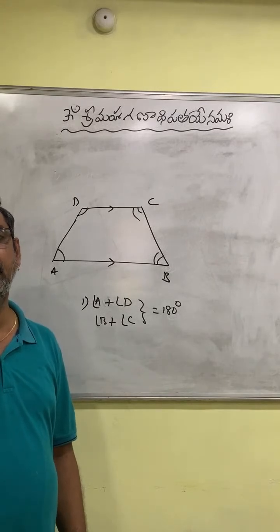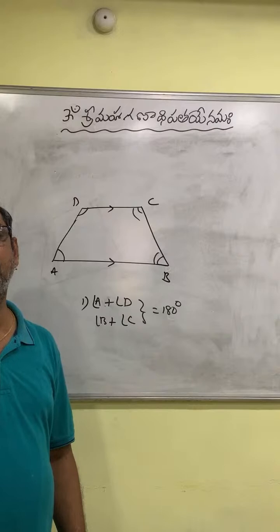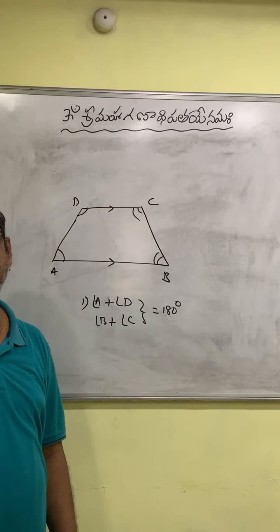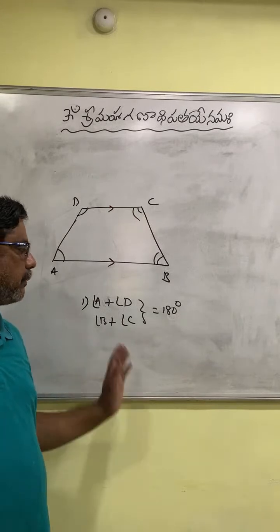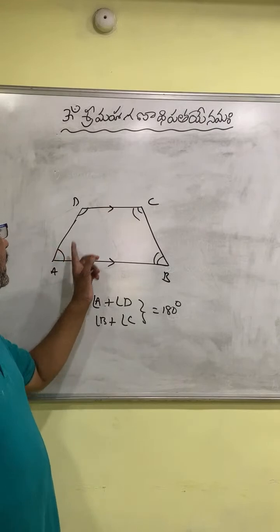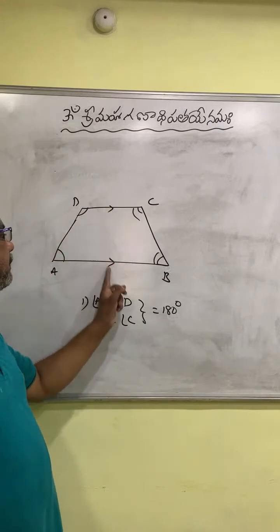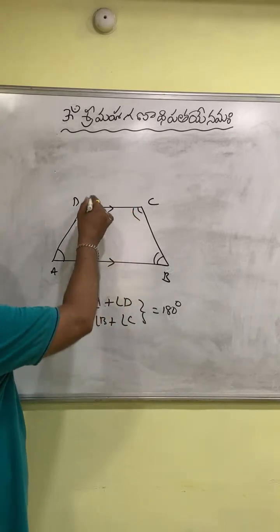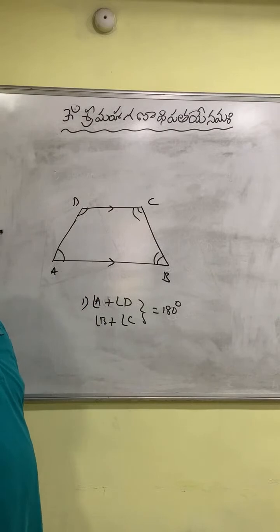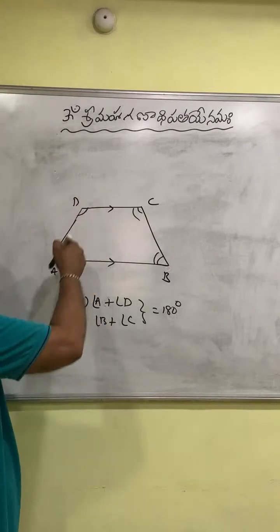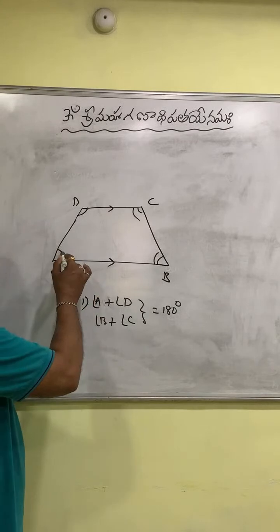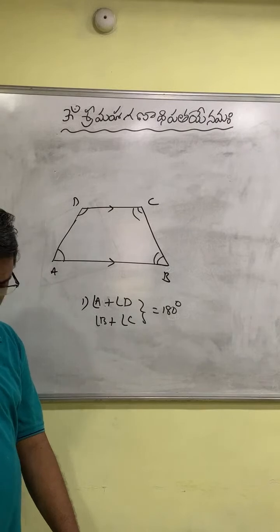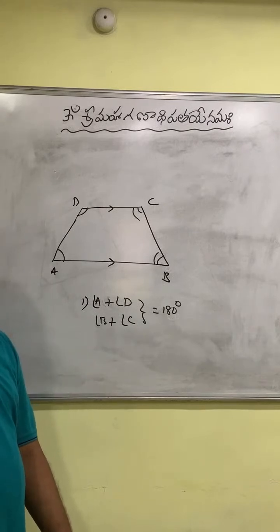Once again, a trapezium is a quadrilateral in which one pair of opposite sides are parallel. And the property it is having is angle A plus angle D. Because AB is parallel to DC, we can consider AD as a transversal, and these two angles are the sum of interior angles on the same side of the transversal.